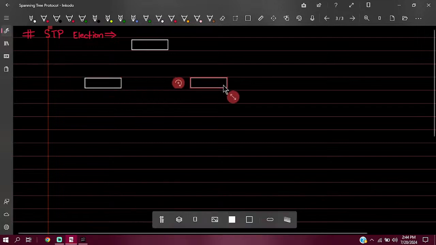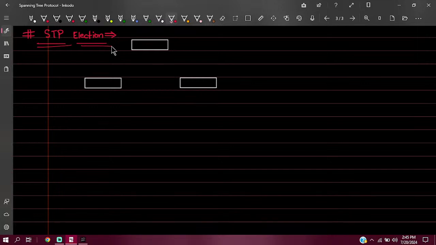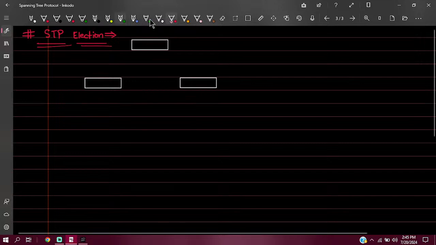Guys, maintain close focus on it. Just take a breath and refresh your mind because this is the most crucial and the most important part of spanning tree. I have taken 3 switches. I will be naming them as switch 1, switch 2, switch 3.